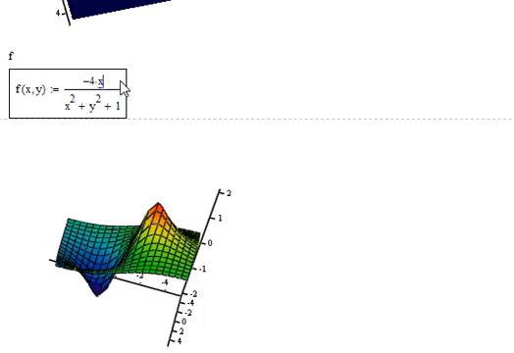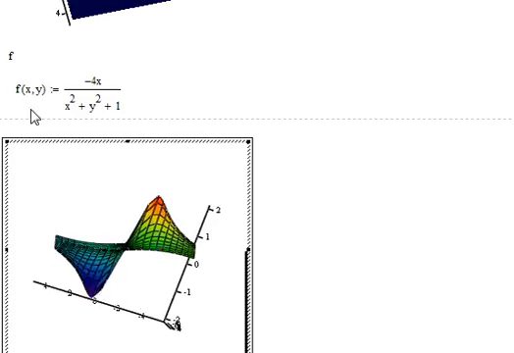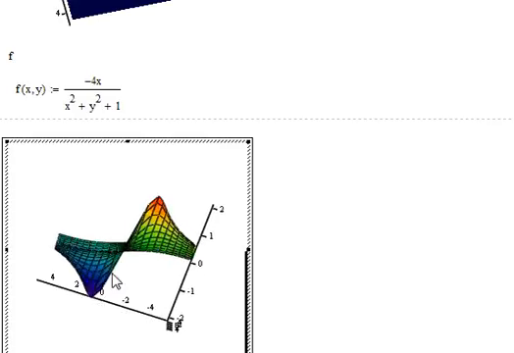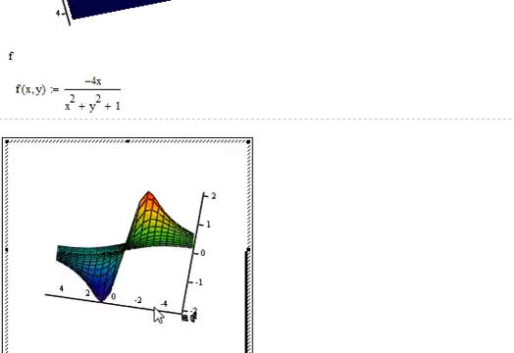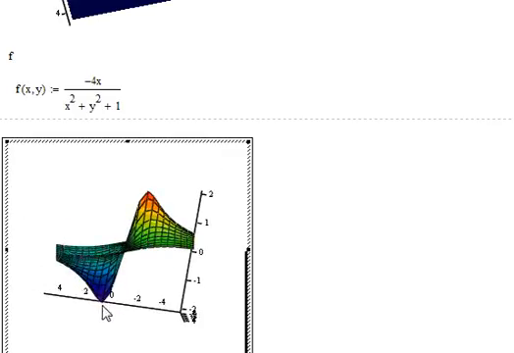So positive 1 makes the numerator negative 4, and the denominator is still 2, so then we have a minimum value of f of x, y at negative 2, and I think you can see that down here at the tip of that blue, z is negative 2.